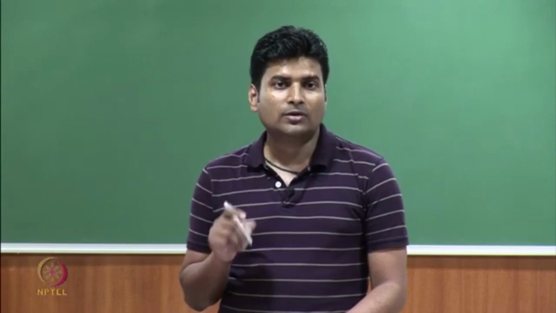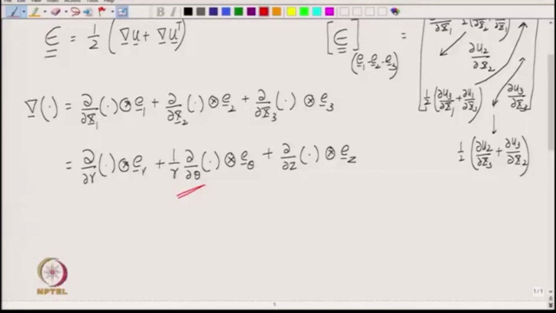Now, how do we work this out? We want to do it for the displacement u, so maybe we should write down u also in the cylindrical coordinate system. Let us decompose u in the basis of cylindrical coordinates. So, u becomes u r E r plus u theta E theta plus u z E z. Here u r, for example, is the displacement in the radial direction.